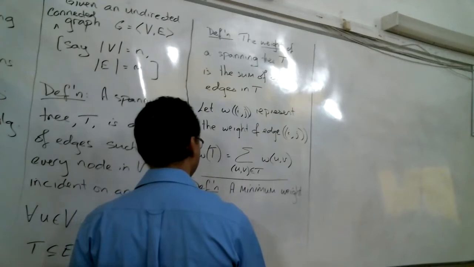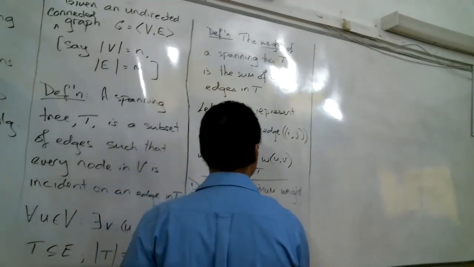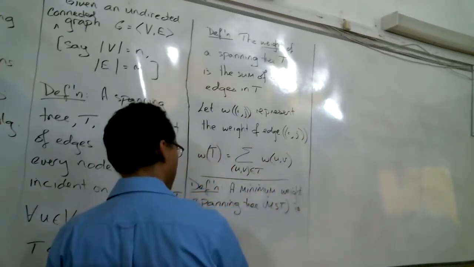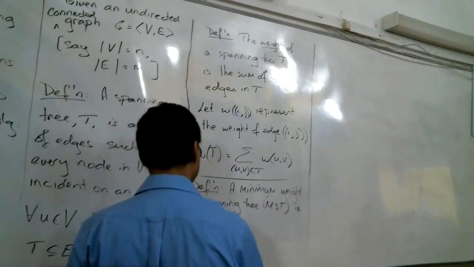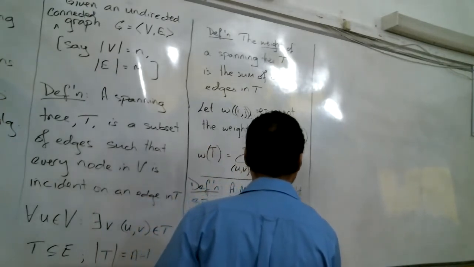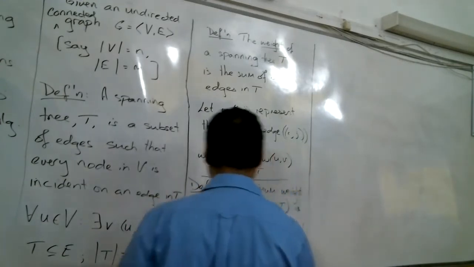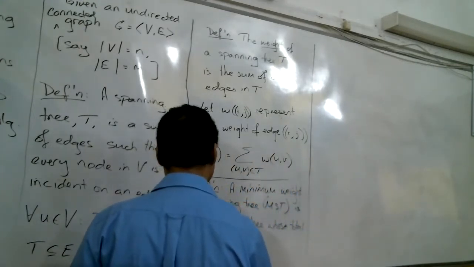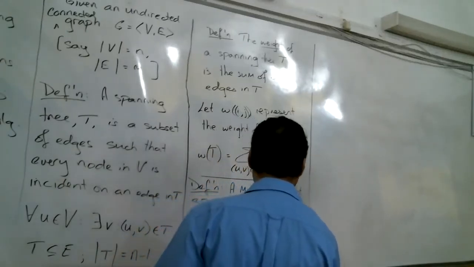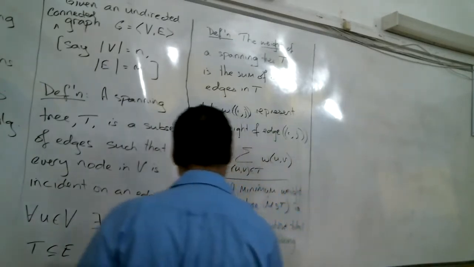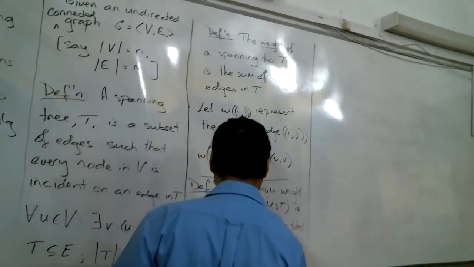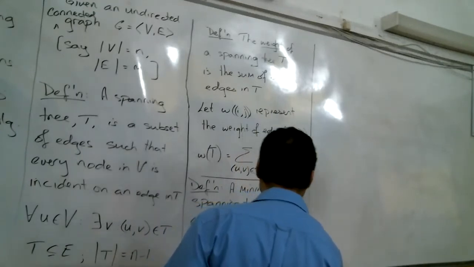A minimum weight spanning tree, MST for short, is a spanning tree whose total weight is minimum, or the smallest, among all spanning trees of the graph.